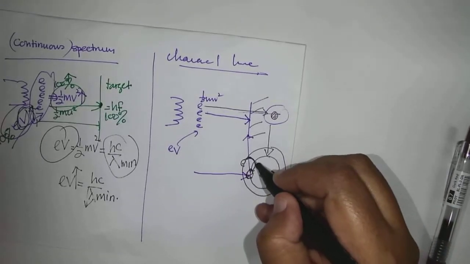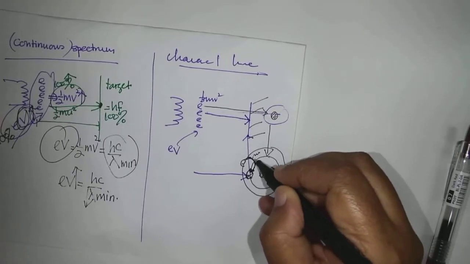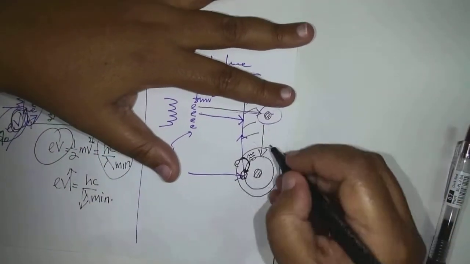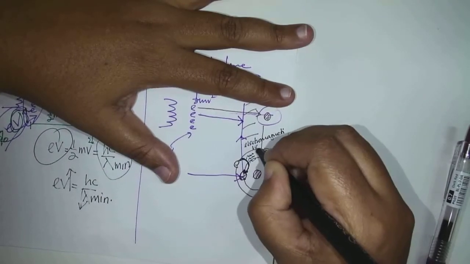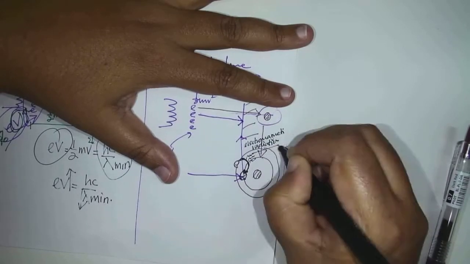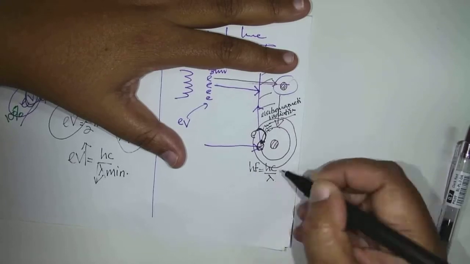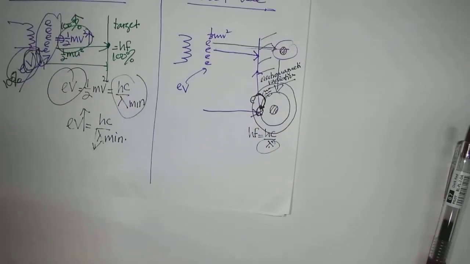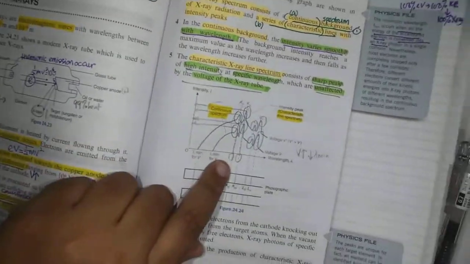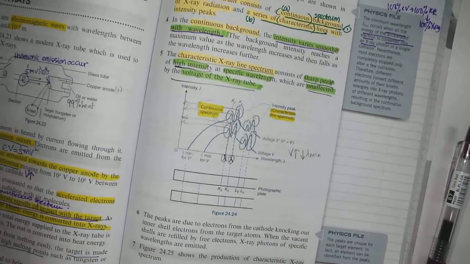It goes and sits in the hole, and it will release electromagnetic radiation, where the energy is hf, which is hc over lambda, where lambda is the wavelength of an X-ray, and that is the lambda you can see here. So that is how a characteristic line spectrum is produced.